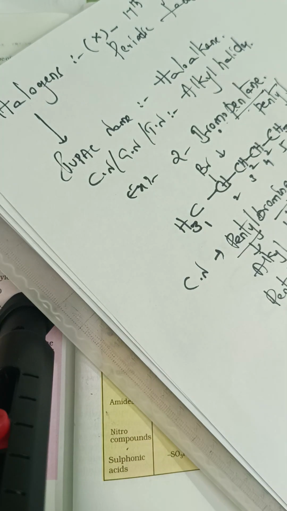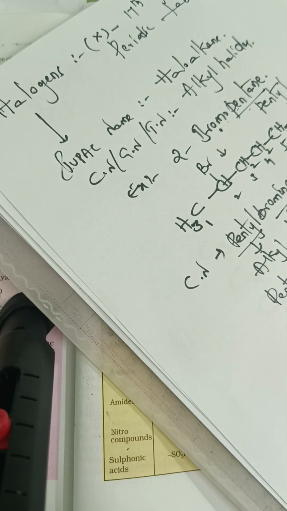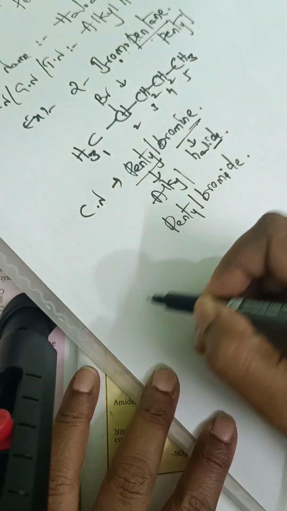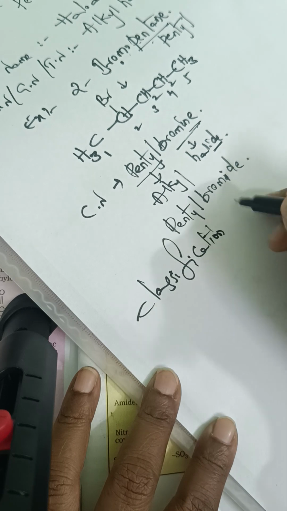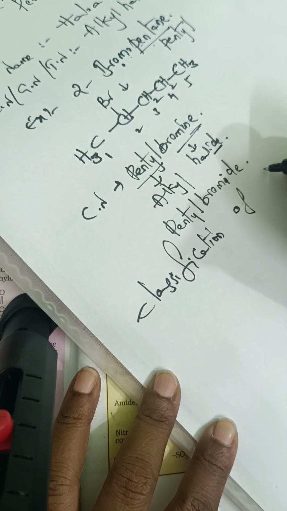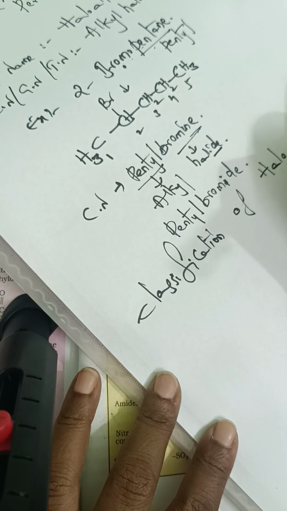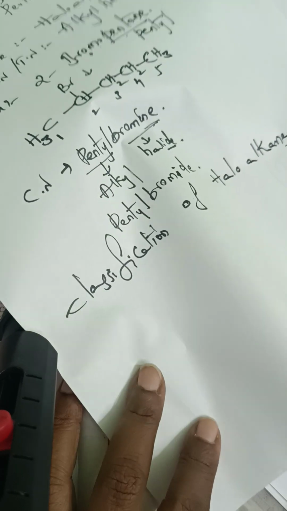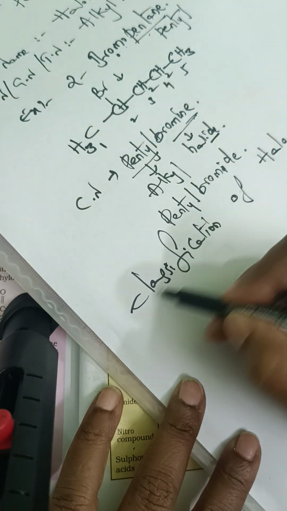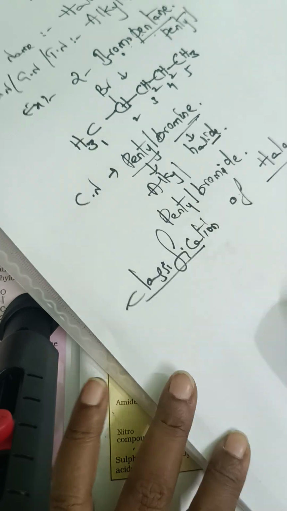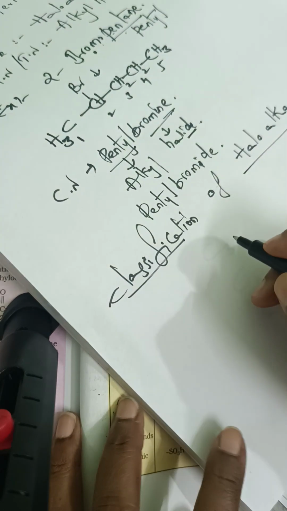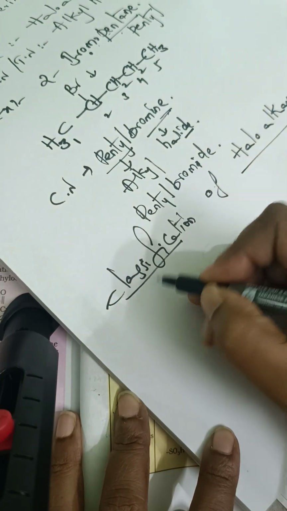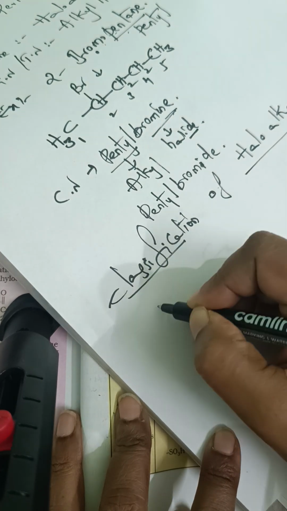Now we go to the classification of haloalkanes. Haloalkanes are classified differently based on different conditions. Here you can see the first category.